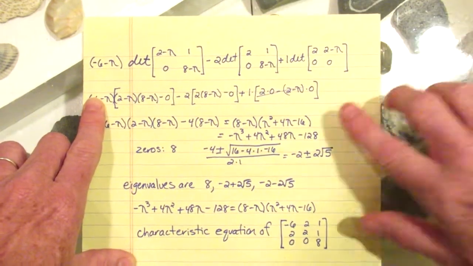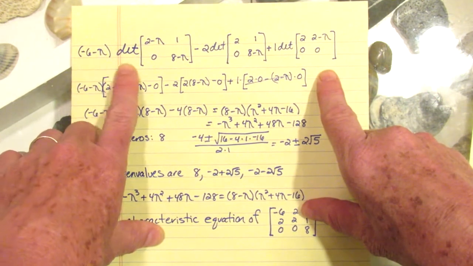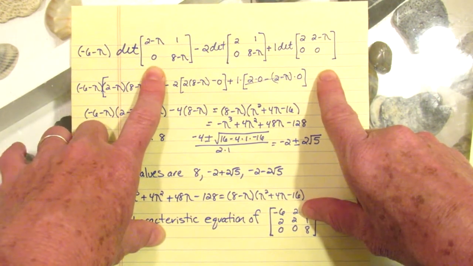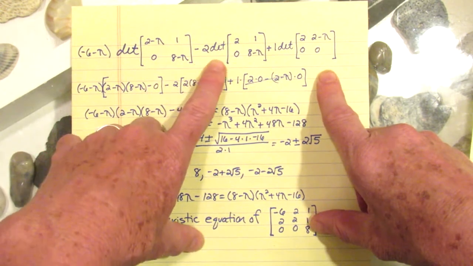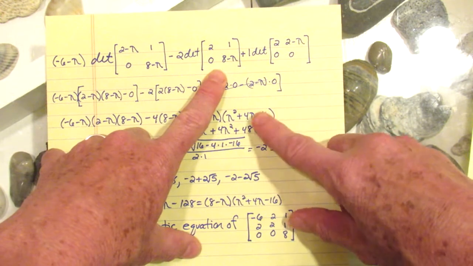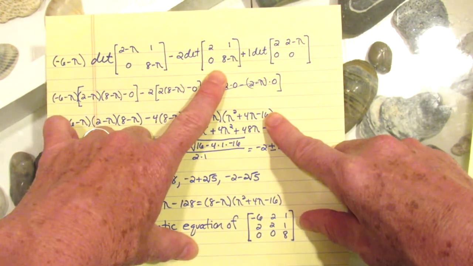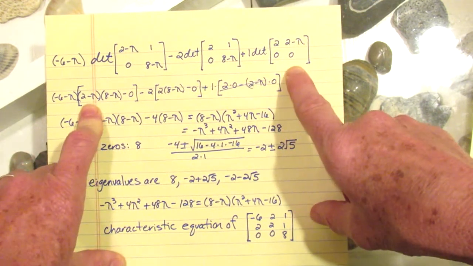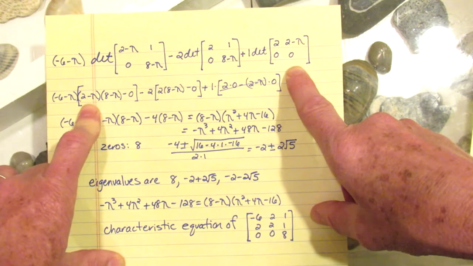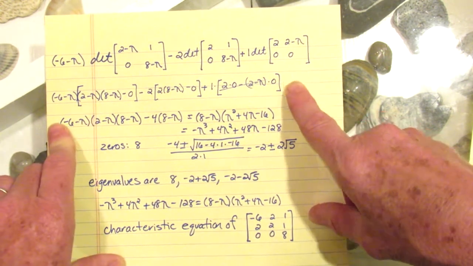So we end up with this calculation: negative 6 minus lambda times the determinant of those 4 corners, minus 2, and then you pick all of the items that were not in the same row and column as that 2, and then we add 1 times the determinant formed by all items that were not in the same row and column as that 1.